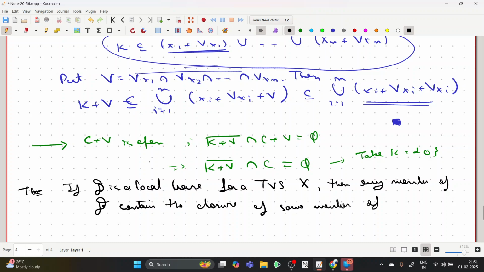It has something to do with it not intersecting this closed set. Just try it out. I don't think it will be difficult for you at all.